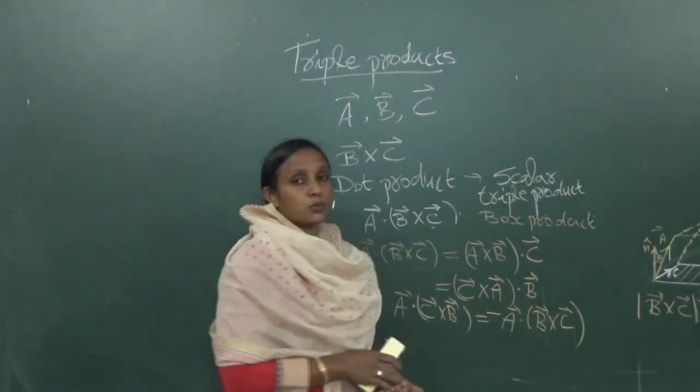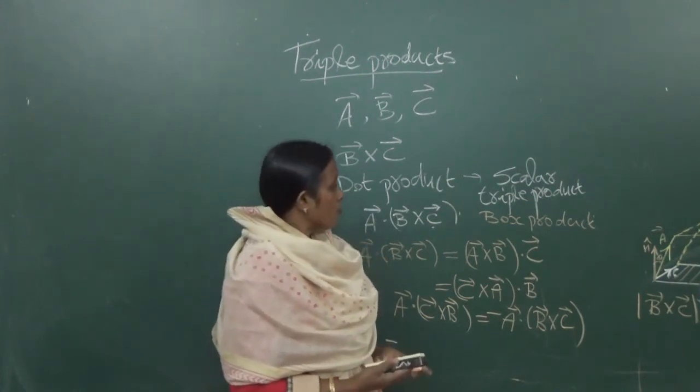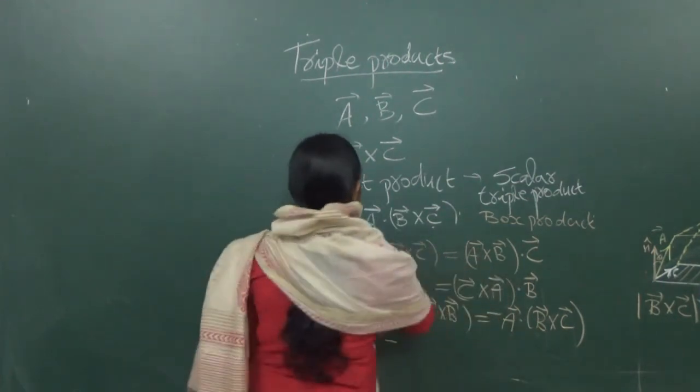Now we can move on to the second case, vector triple product.